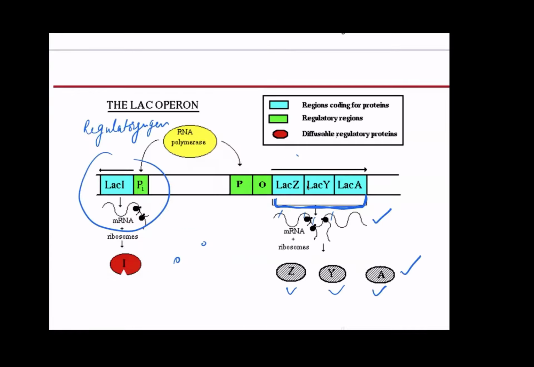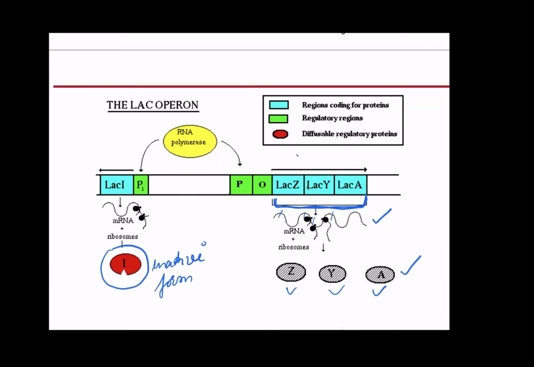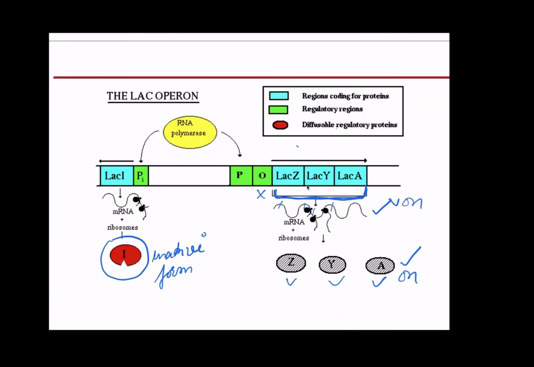But right now, what you can see is that this regulatory gene has a promoter which makes this transcript and then the translation product, which is shown in red, and it's in inactive form. It cannot bind here. So this process is on, and you're getting protein.